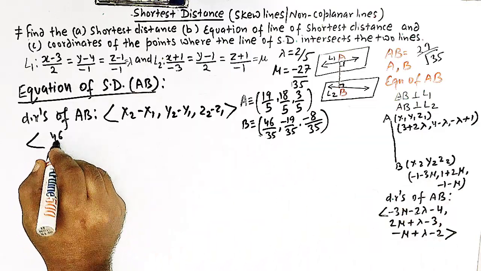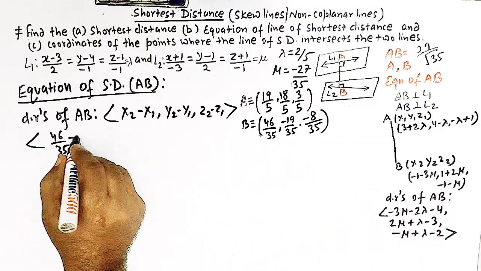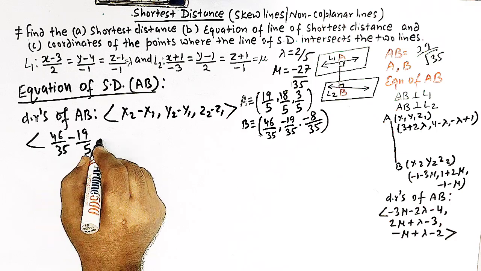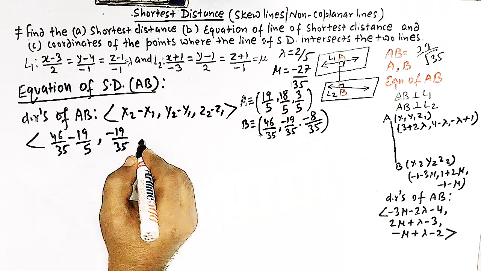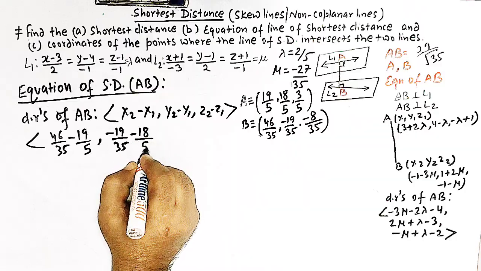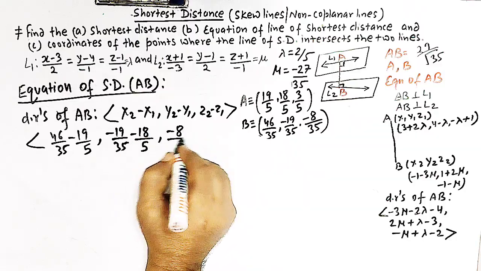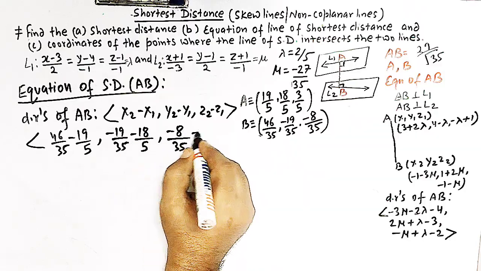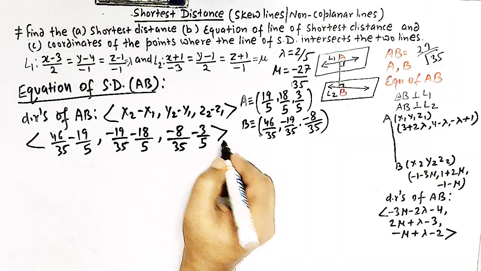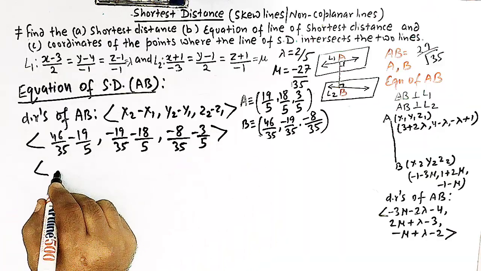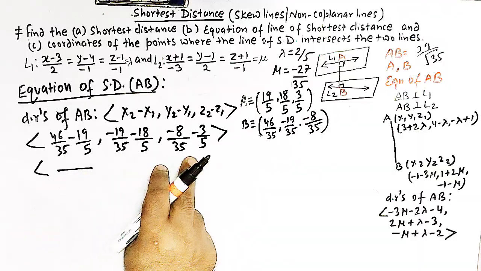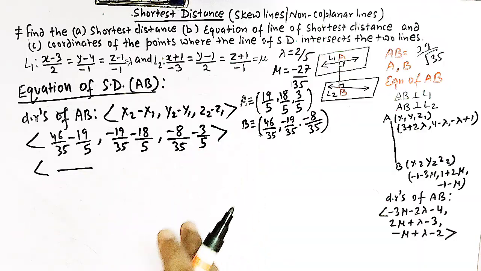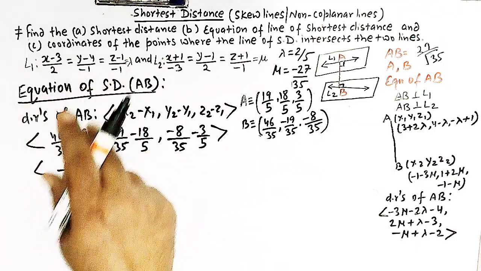So we have 46 over 35 minus 19 over 5. Then we have minus 19 over 35 minus 18 over 5, and minus 8 over 35 minus 3 over 5. So now we can simplify. We have already simplified this type of expression while finding out the shortest distance.